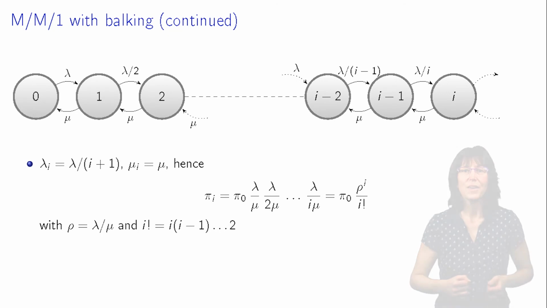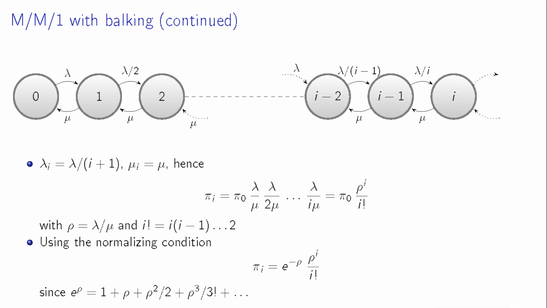It is known that 1 plus rho plus rho squared divided by 2 plus rho cubed divided by 3 factorial, etc., is equal to exponential of rho. So the normalizing constant should be exponential of minus rho.